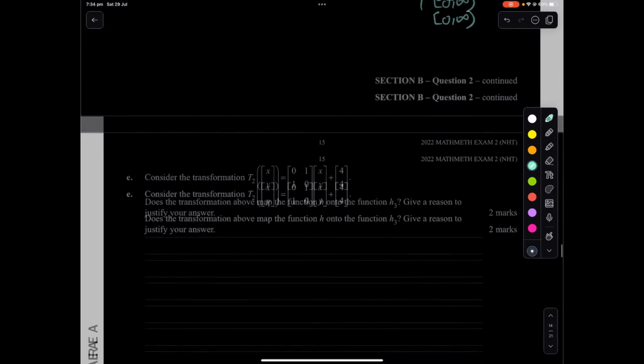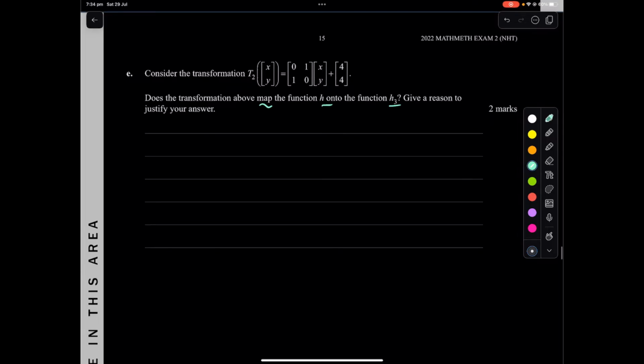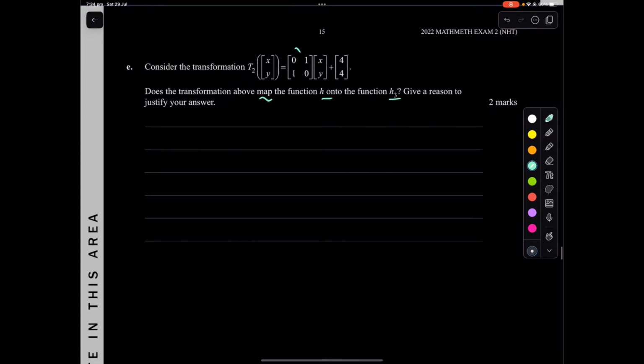Yep, looks right. Consider the function t2 equals this. Does this transformation above map, so change, the function h into the function h3? Give a reason, justify your answer. Well, first let's expand that. So this is x and y. If that's y, we're saying x dash is equal to y plus 4, and y dash is equal to x plus 4.